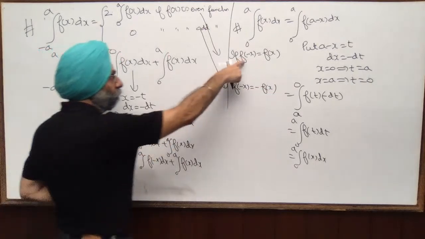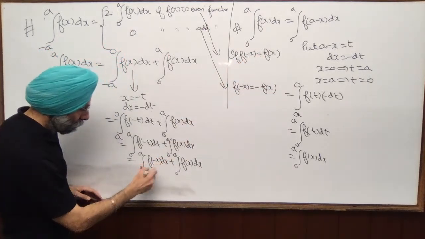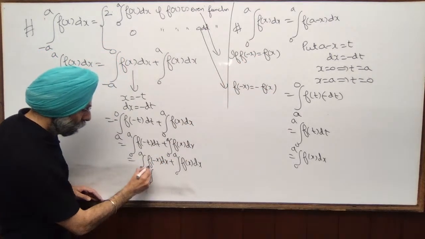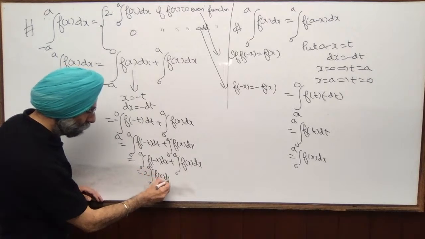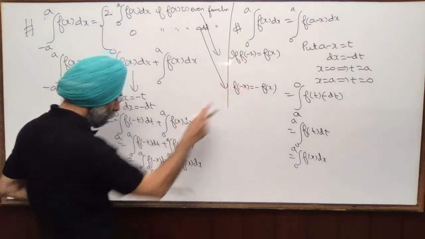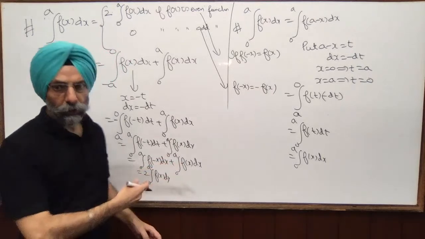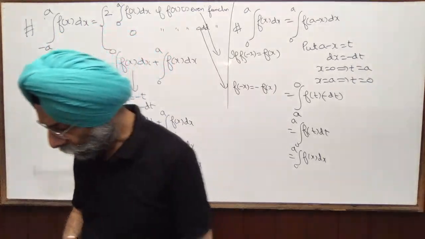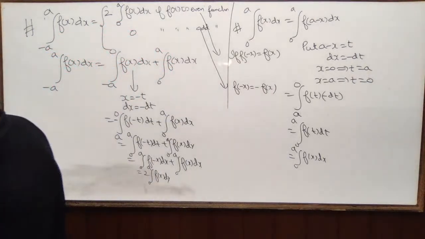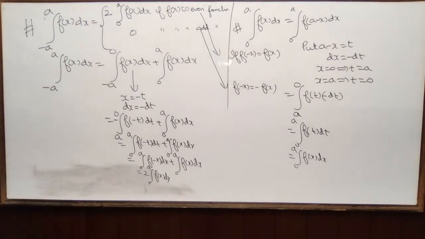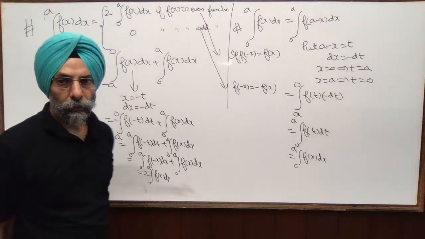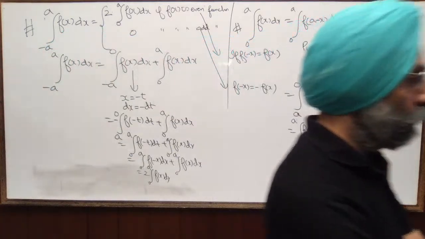So when f of minus x is equal to f(x), check कर लो बेटे, 2 times the integral from 0 to a of f(x) dx, and when it is odd, the minus gets cancelled, so the answer is 0 here. So note करो बेटे. So please note this property.